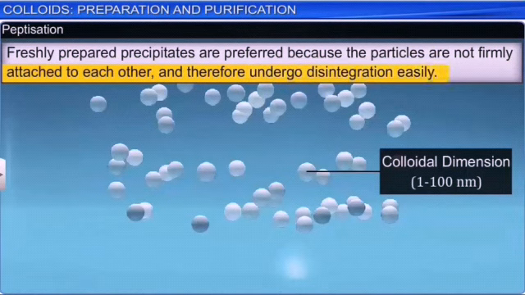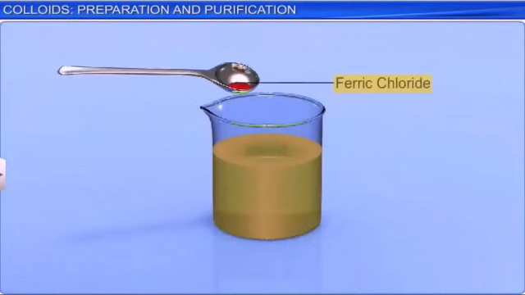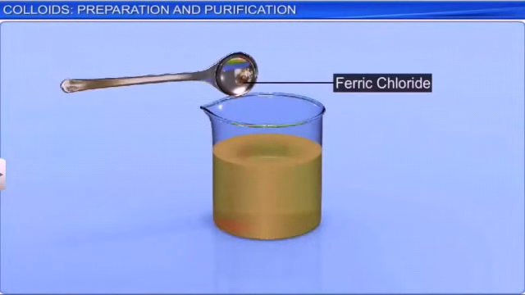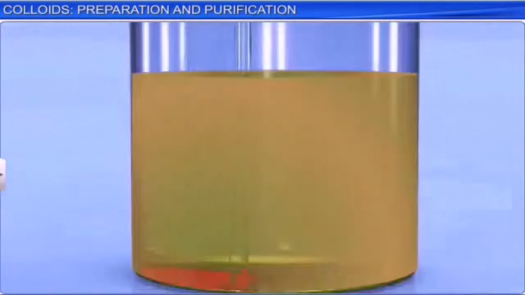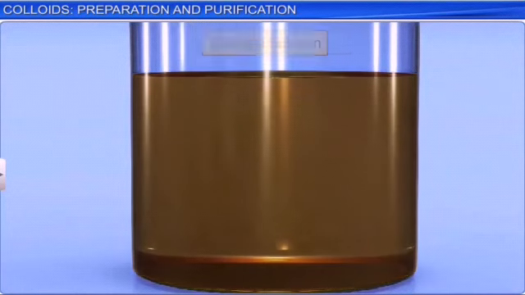For example, the addition of ferric chloride to a freshly prepared precipitate of ferric hydroxide converts it into a colloidal solution of reddish brown color.